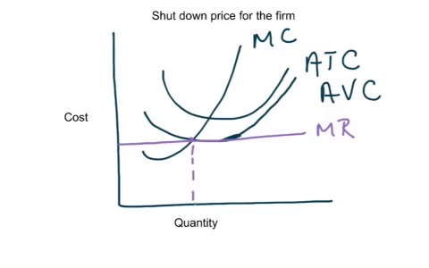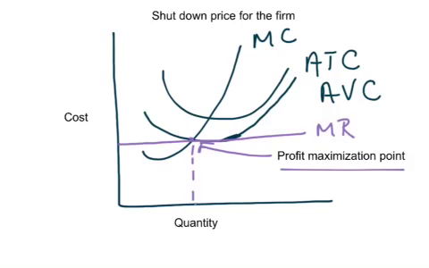Now, we have two things going on here, because the marginal revenue curve is meeting the marginal cost curve here, so that means that this point right here is the point of profit maximization. We're seeing that right there, that's our point of profit maximization. But the very most profit that this firm can possibly make means that they're only covering their variable costs and they're not covering all of their costs.